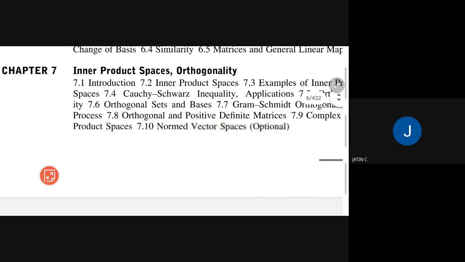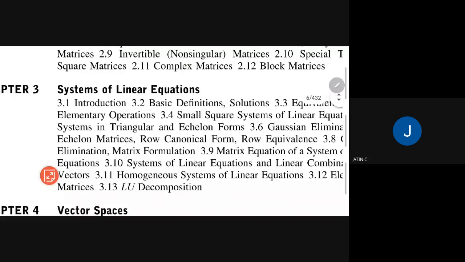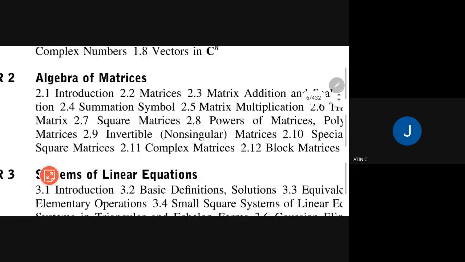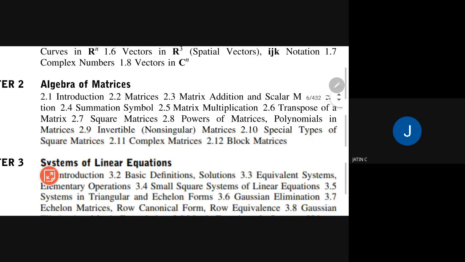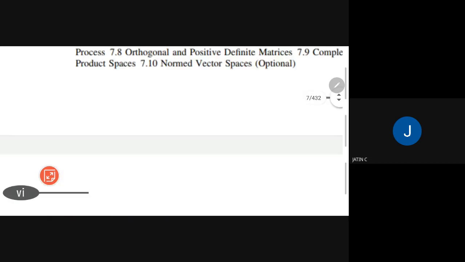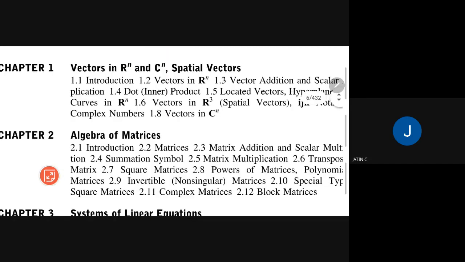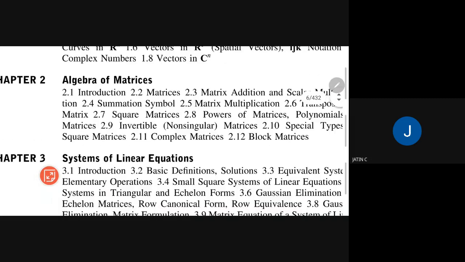Yes, you can find it in chapter 2, algebra of matrices. I will tell you where this question is. It won't go directly to that one. Net is slow. Page 27.